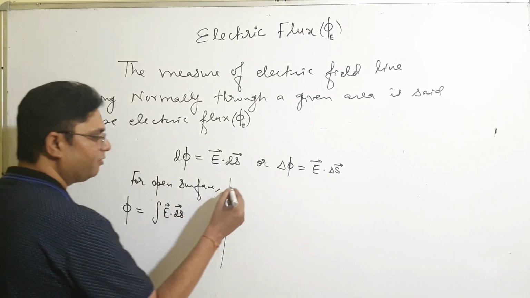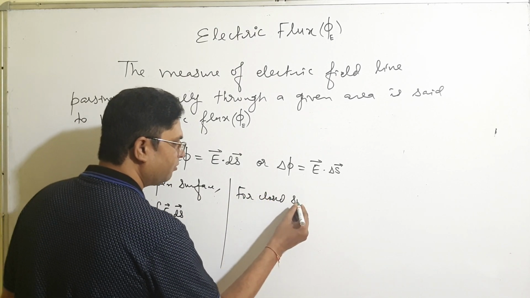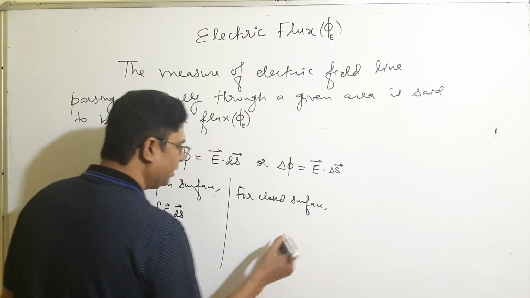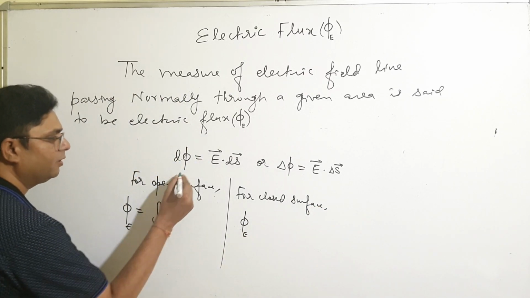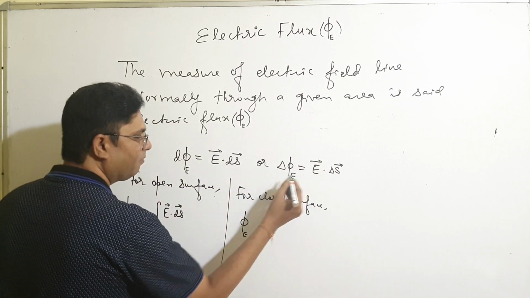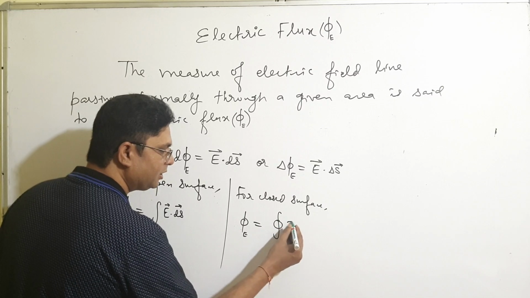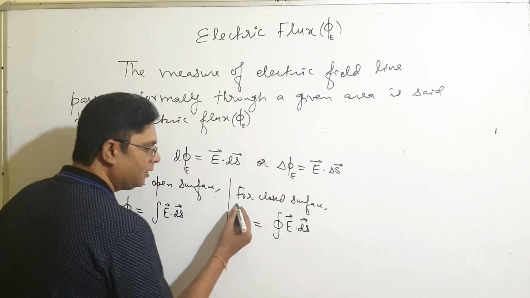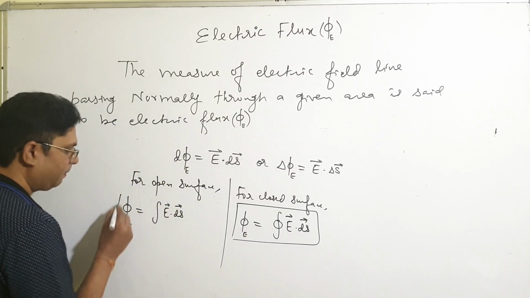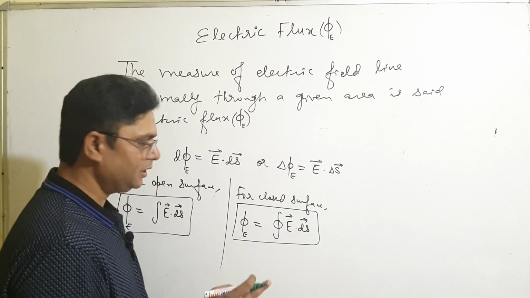For closed surface, electric flux phi E, here E for electric, phi E is equals to closed integration E dot ds. This is open integration and this is closed integration.